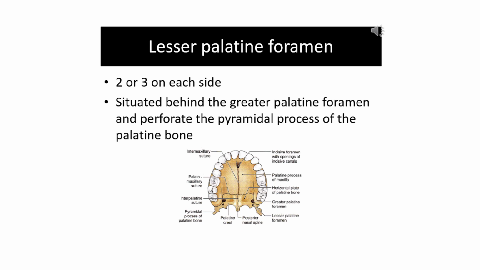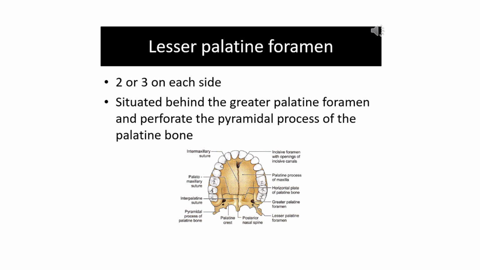So the next feature of the hard palate is the lesser palatine foramen. As we studied before the incisive fossa and greater palatine foramen, the next feature is the lesser palatine foramen. As I told you before, to know the position of the greater palatine foramen, we should know the position of the palatomaxillary suture. In the same way, to know the position of the lesser palatine foramen, we can relate it with the greater palatine foramen.